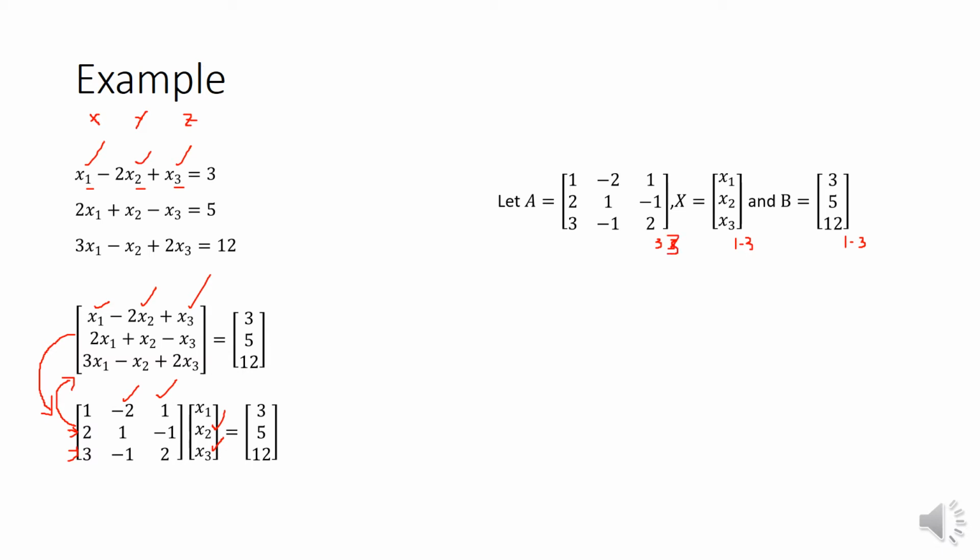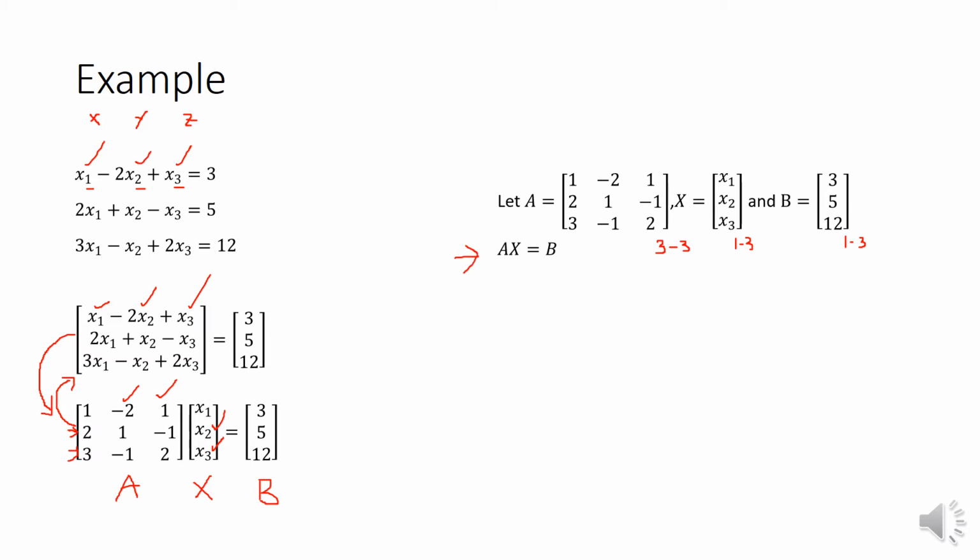Sometimes writing with fingers becomes a headache. Okay, so a 3 by 3 matrix. Then this one is A, then X and B, so its natural order becomes this.